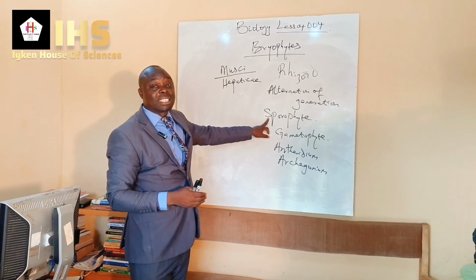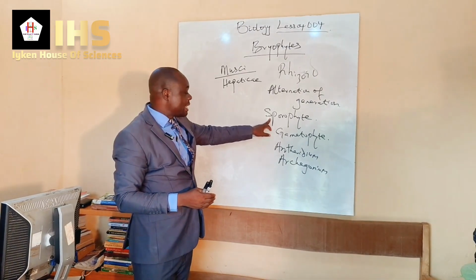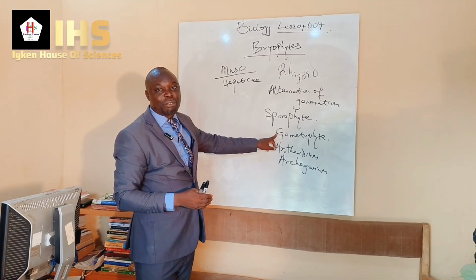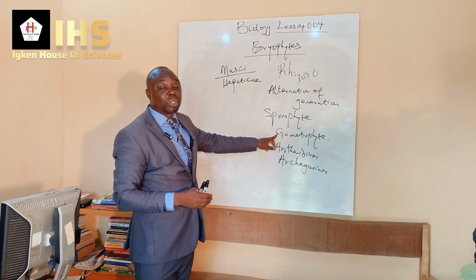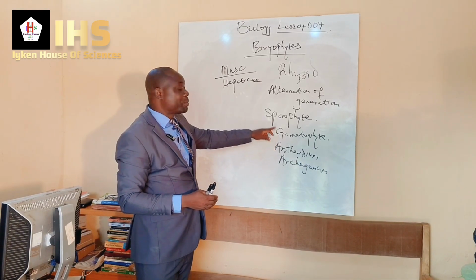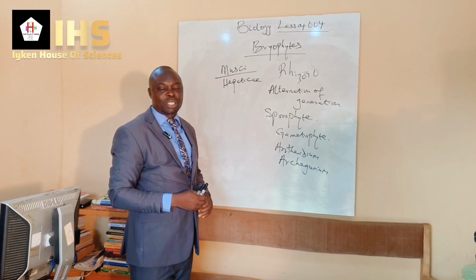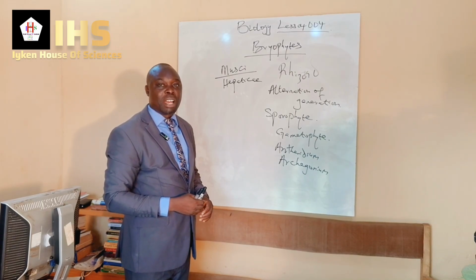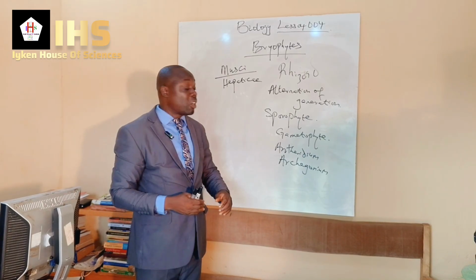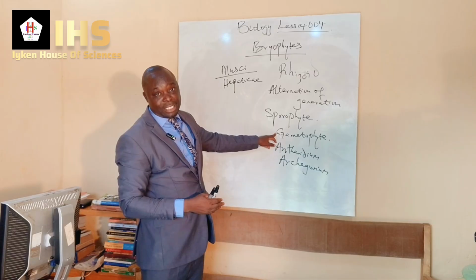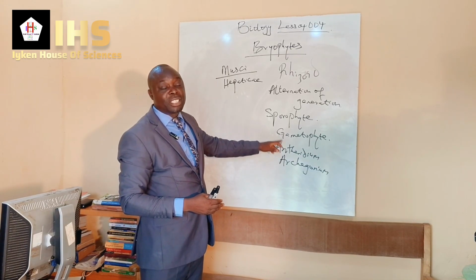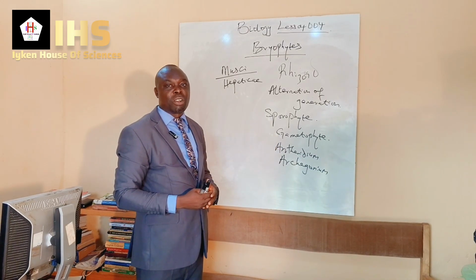The sporophyte is dependent on the gametophyte to survive for its water and nutrition. So the sporophyte is not independent. It depends for its survival on the nutrients provided by the gametophyte. So it is short-lived, it does not live long.